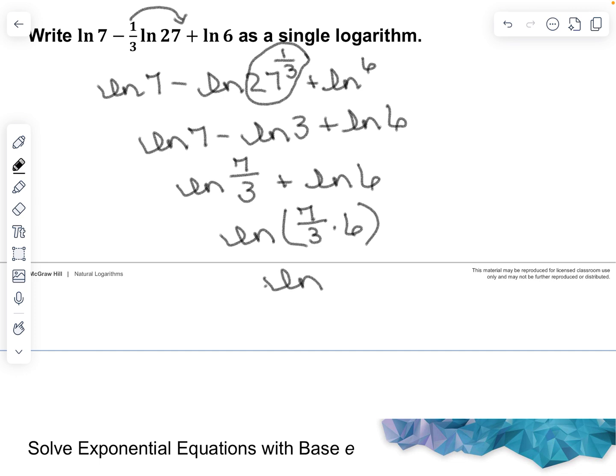And then 7/3 times 6 is 14. 42 divided by 3, 14. Natural log of 14. So natural logs use the same properties as base 10 logs or any base logarithms.